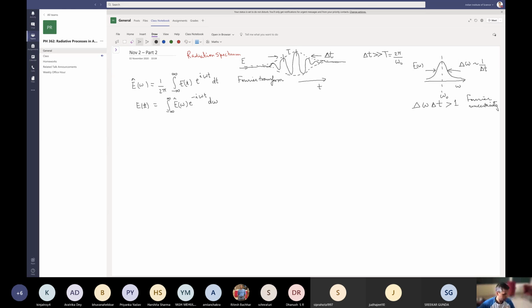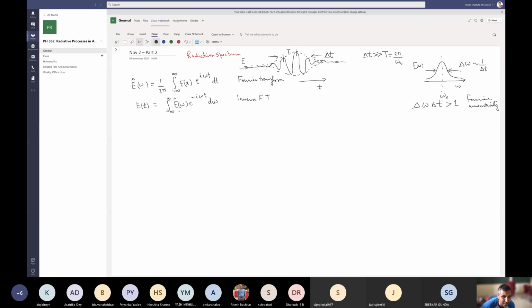This is the inverse Fourier transform. If we substitute this E hat omega here, you will see that you get E(t) back.